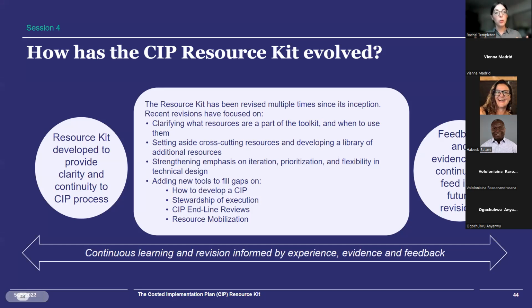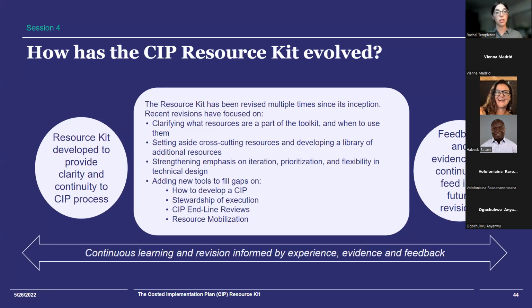Some of you might be familiar with the CIP Resource Kit already, and it has been in existence for many years now, and it has evolved over the years. After the London 2012 summit, and as CIPs really began to be developed by countries in earnest to support the operationalization of their FP 2020 and other family planning commitments, the resource kit was initially developed to document this CIP process.